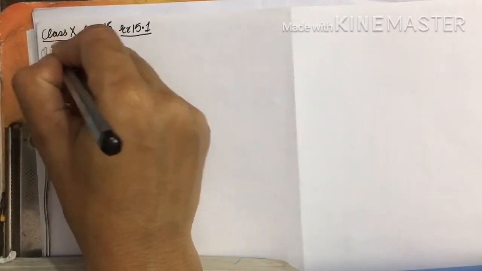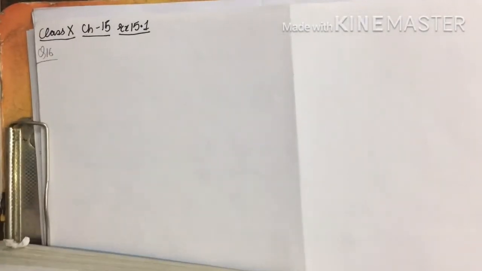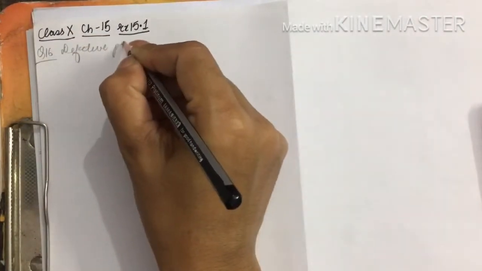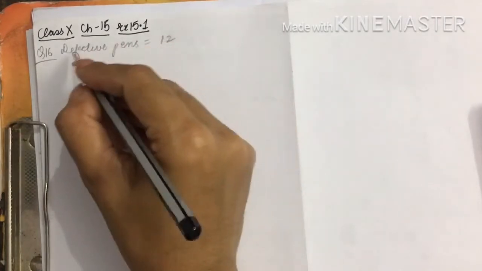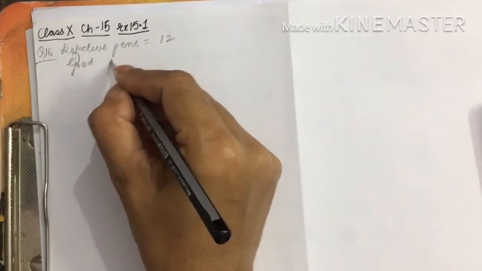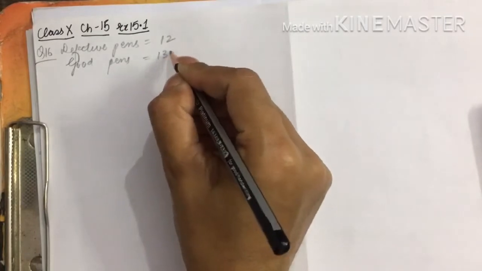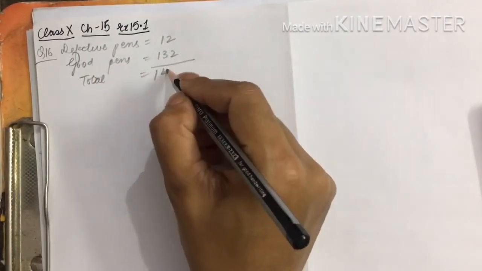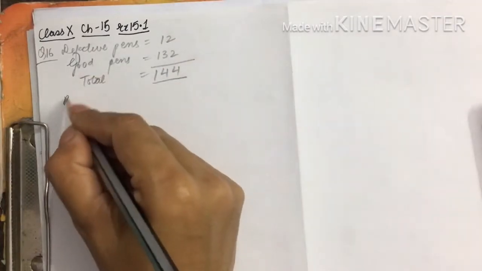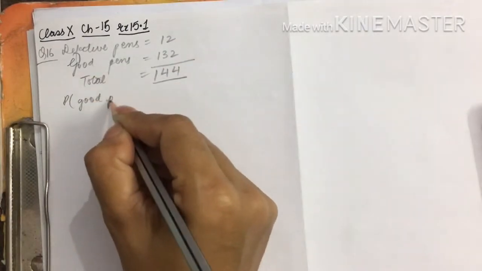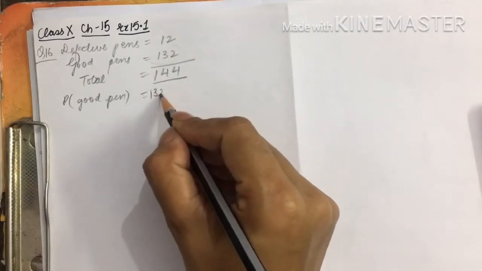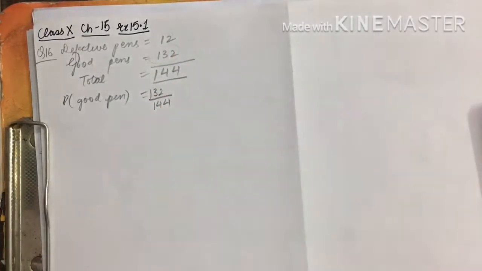Question number 16: defective pens 12, good pens 132, total 144. Then the probability of getting a good pen will be 132 over 144.